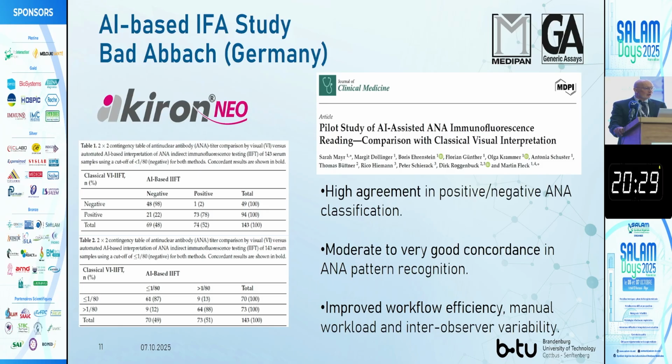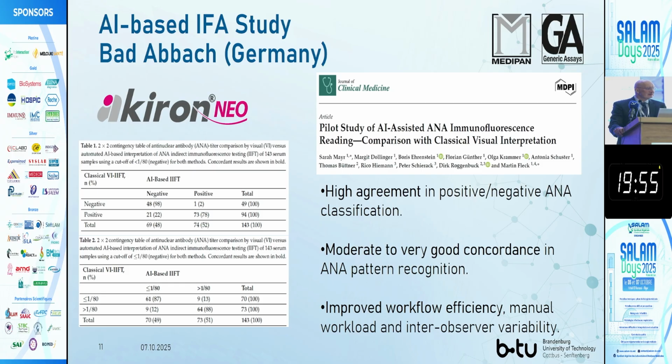But we all know that in accordance with the guidelines, each laboratory should have 2 experts who do the ANA interpretation simultaneously. Well, and I think here we have a sort of challenge, because when it comes to small and medium-sized laboratories, not all of these laboratories can afford 2 experts in the lab at the same time to do the ANA interpretation.